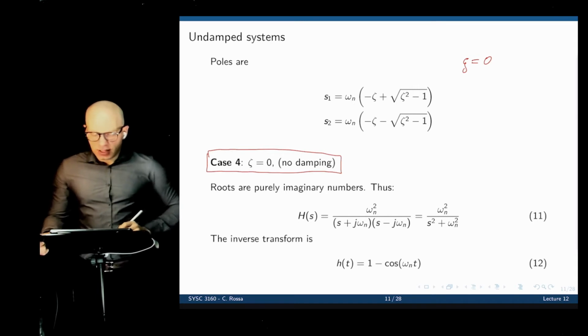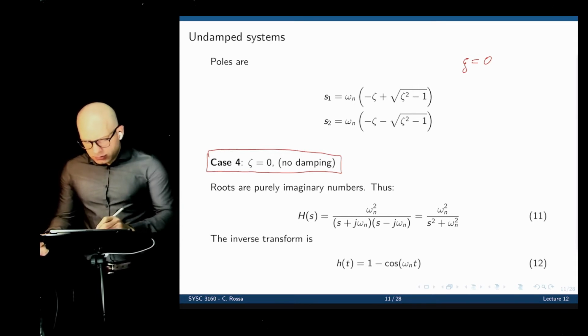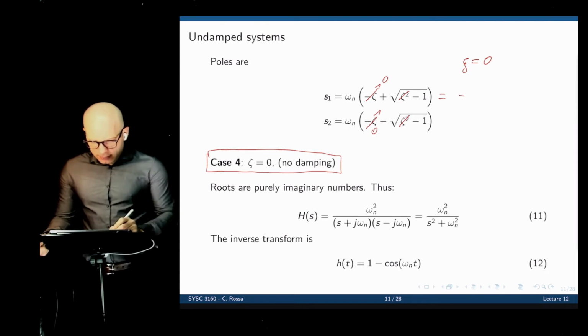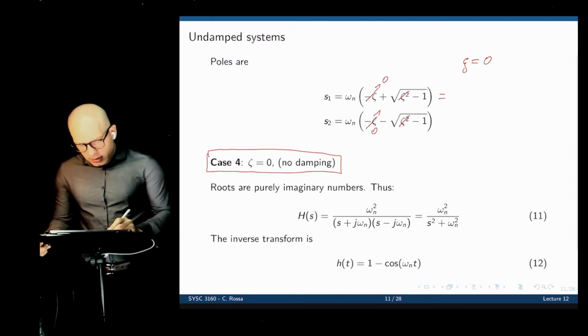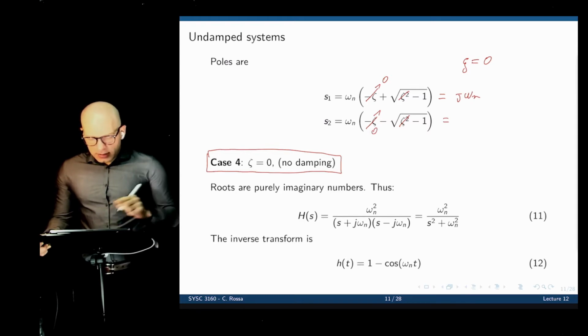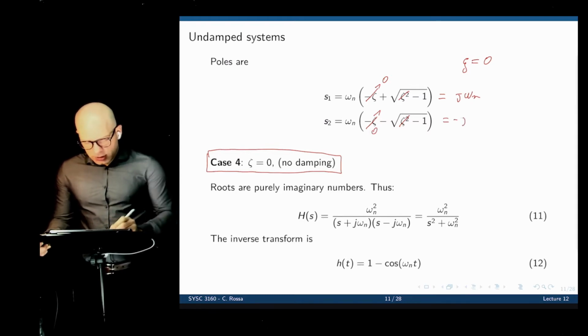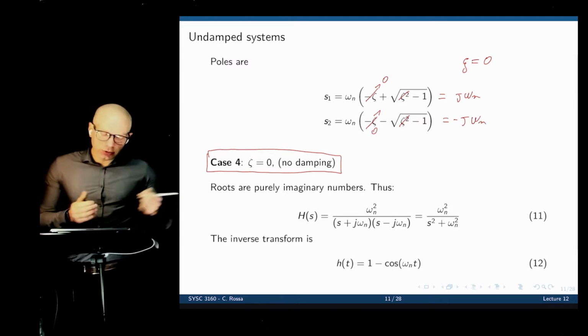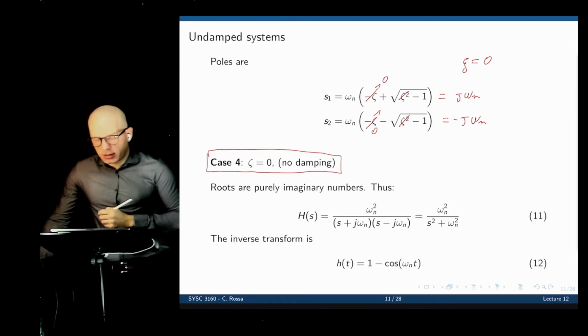The system is undamped. And if zeta equals 0, this is 0, this is 0, this is 0, this is 0, and we are left with omega n times the square root of -1, that is j omega n, and omega n times the negative square root of -1, which is negative j omega n.